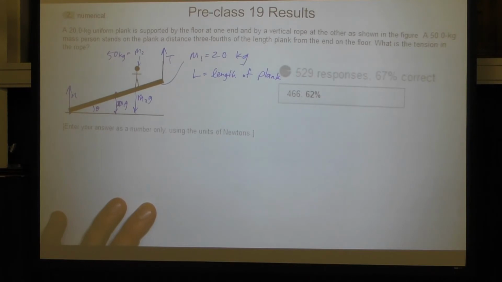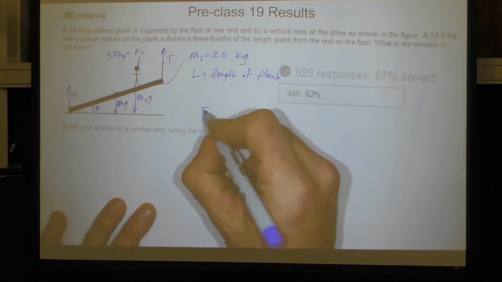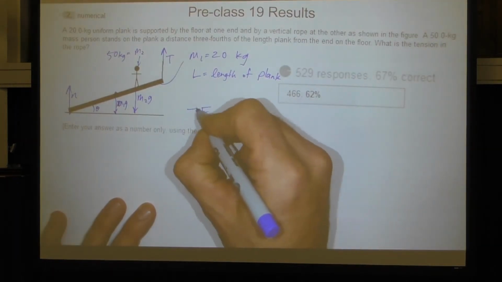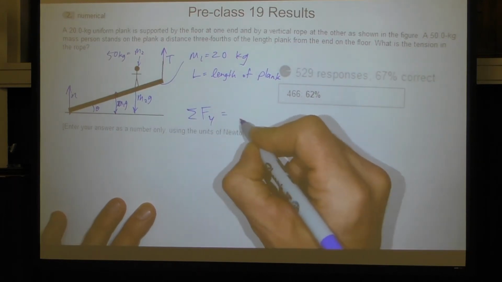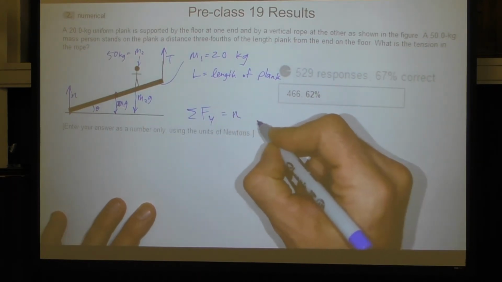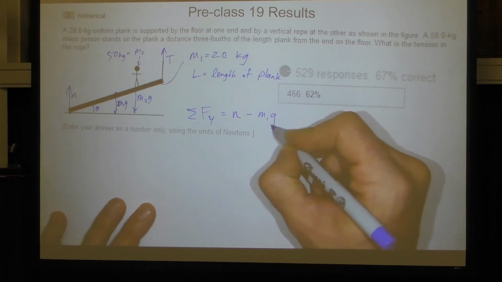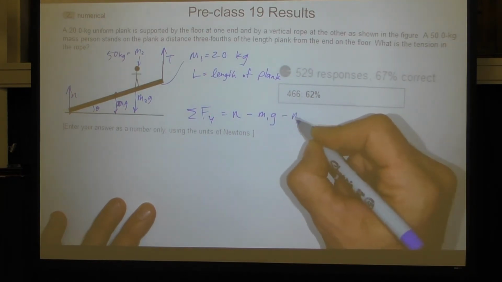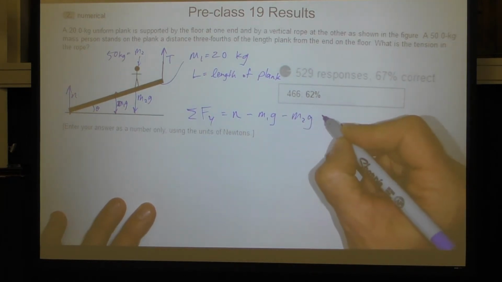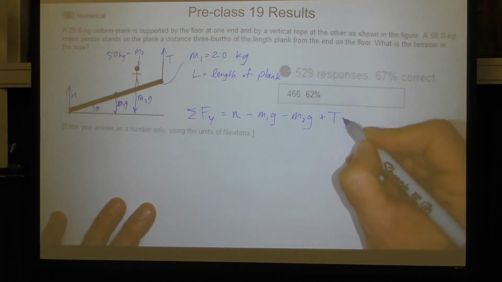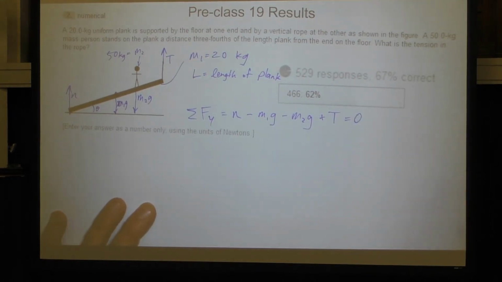So you can say that the sum of all the Fy forces is going to be the normal minus the M1G minus the M2G plus the tension, all equals 0.